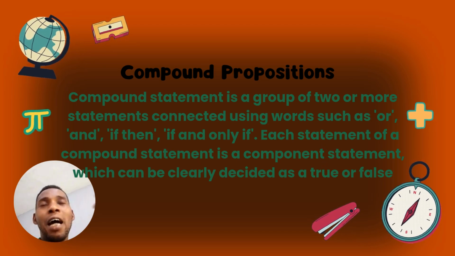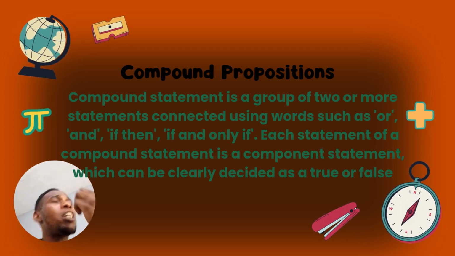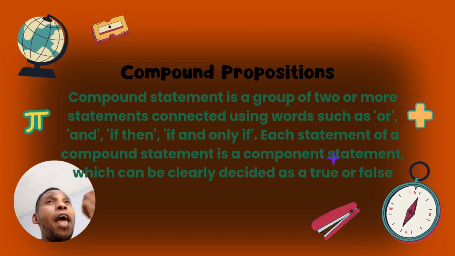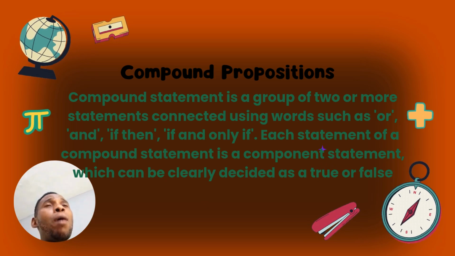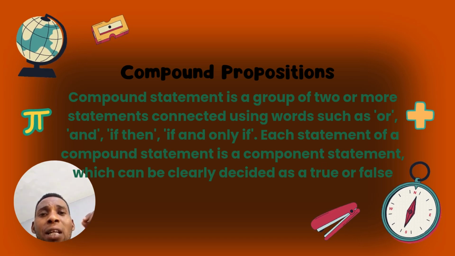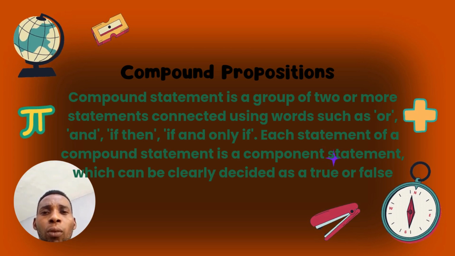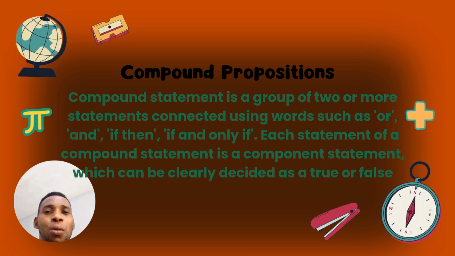So when you see two statements connected together using any of the operators, you refer to that kind of statement as a compound statement or compound proposition. Each statement of a compound statement is a component statement which can be clearly decided as true or false.